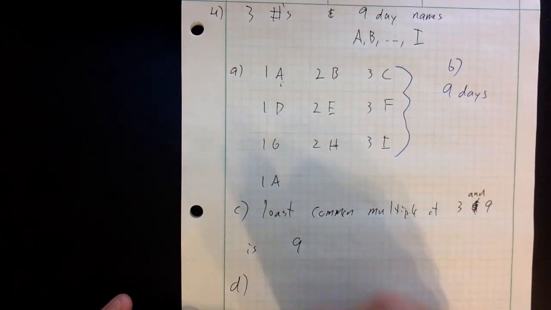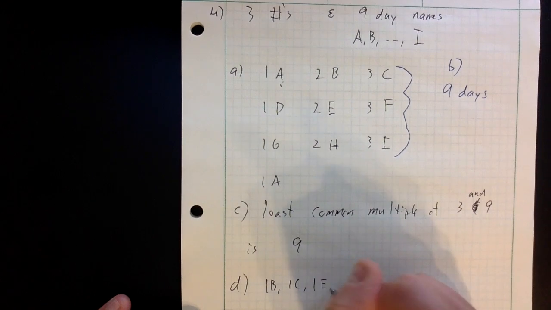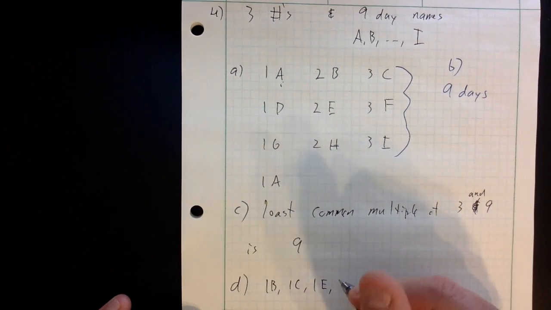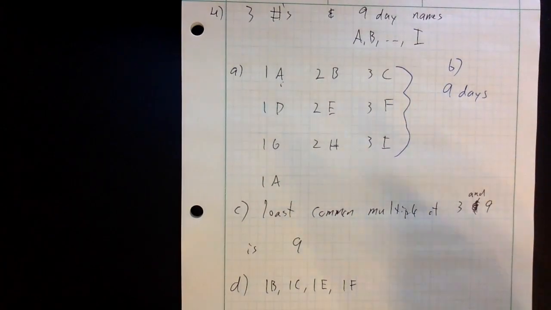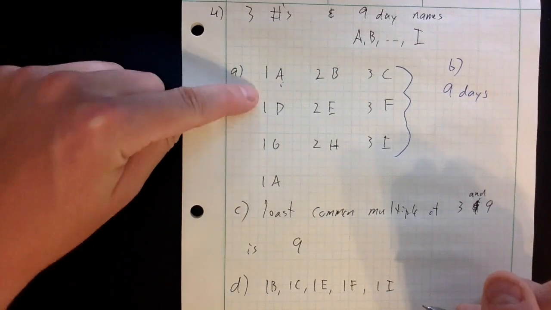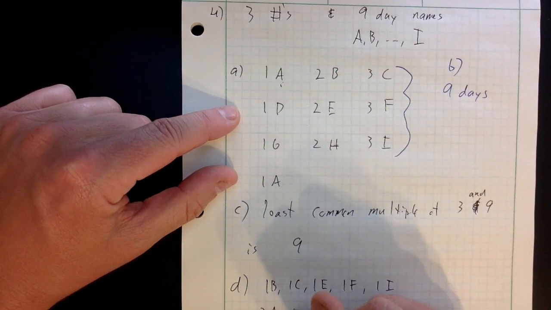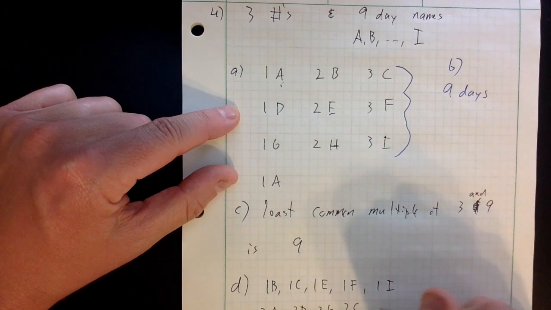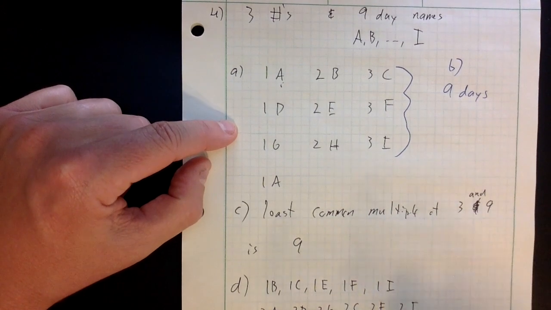The answer is yes. We've got, let's see, 1B, 1C, 1E, 1F, and 1I, just looking at the first column here. And then we have 2A, 2D, 2G, 2C, 2F, 2I.